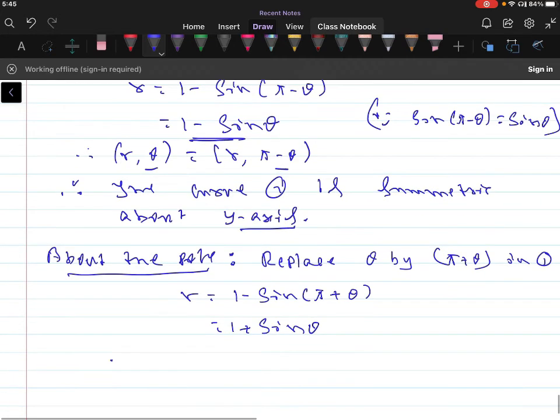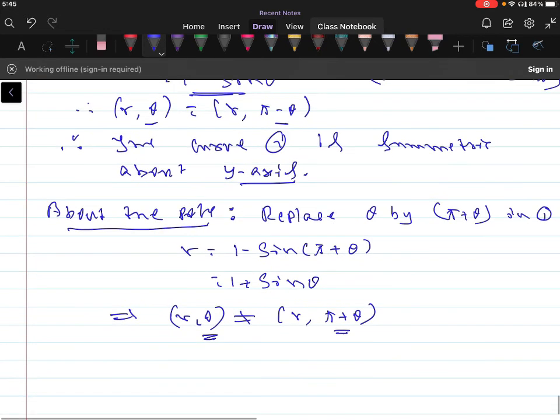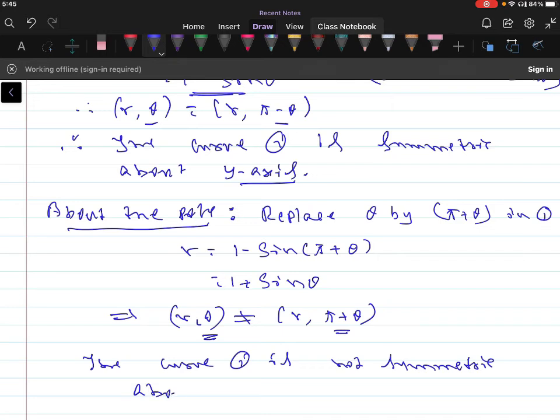So this implies r of theta is not equal to r comma pi plus theta. When you replace theta by pi plus theta, there is a change in the equation 1. So therefore the curve 1 is not symmetric about the pole, or you can say origin.